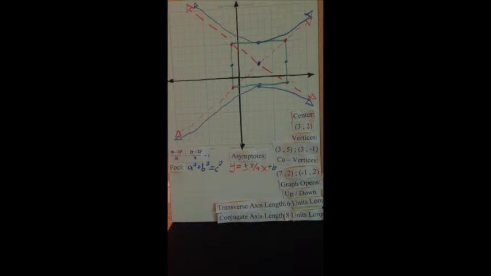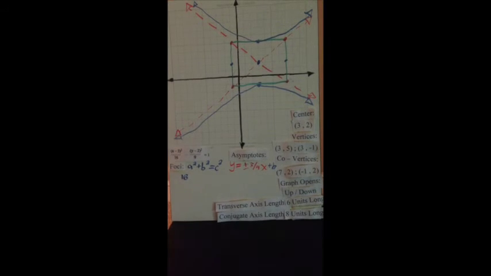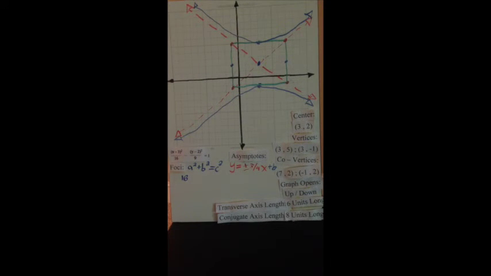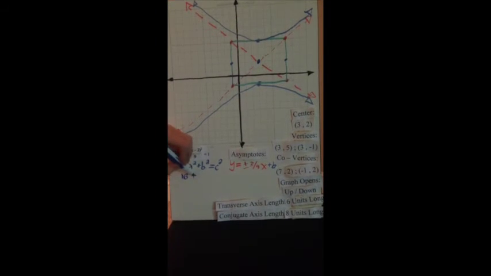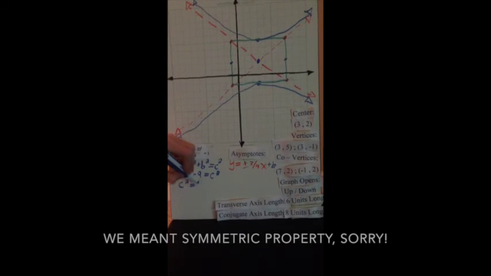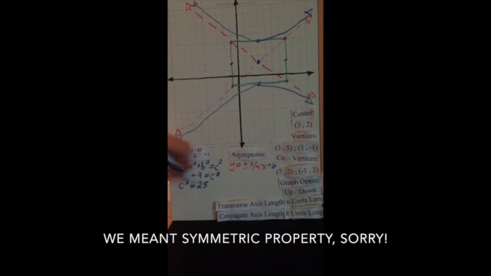And so the square root of 16 is 4. Square that, you're back at 16. So we're just going to write 16. And the square root of 9 is 3. Square that, you're back at 9. So plus 9 equals c squared. c squared is equal to 25. Just flip that around by the reflexive property.